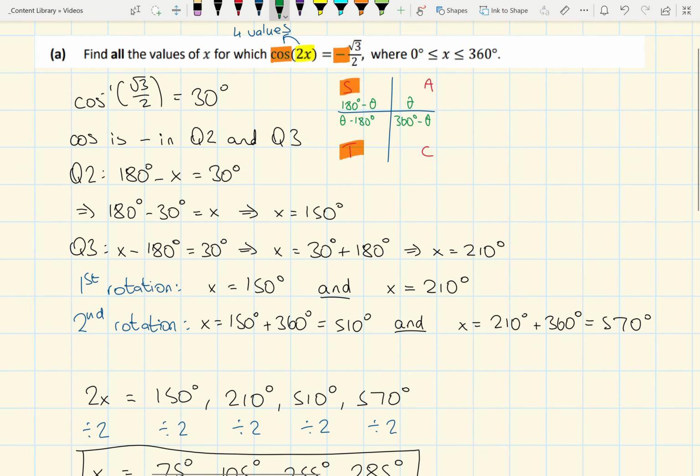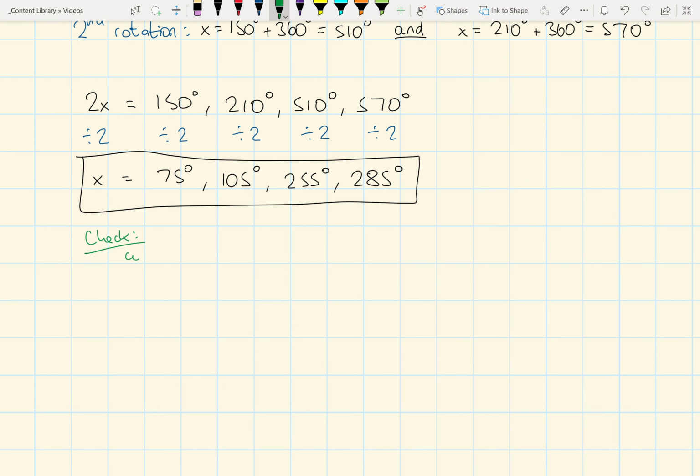Our ratio was cos of 2x. So cos of 2 times 75, just throw it into your calculator and you get minus root 3 over 2, that's correct. Cos of 2 times 105, again you get the same.